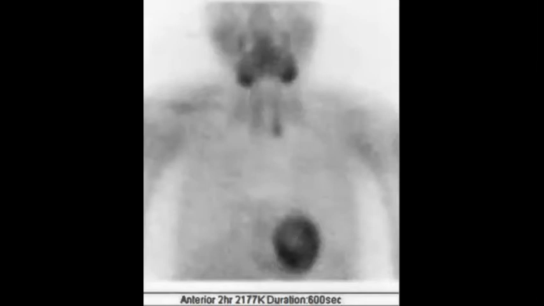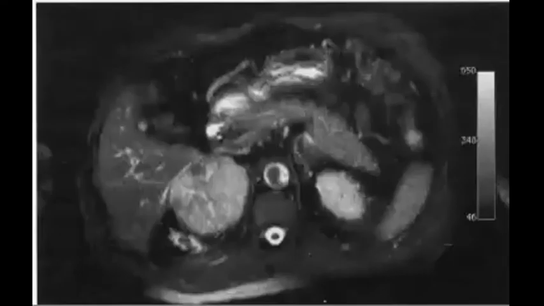Let's see if this patient has any images that could help us figure out which type of MEN we have. So which type of MEN do we have?